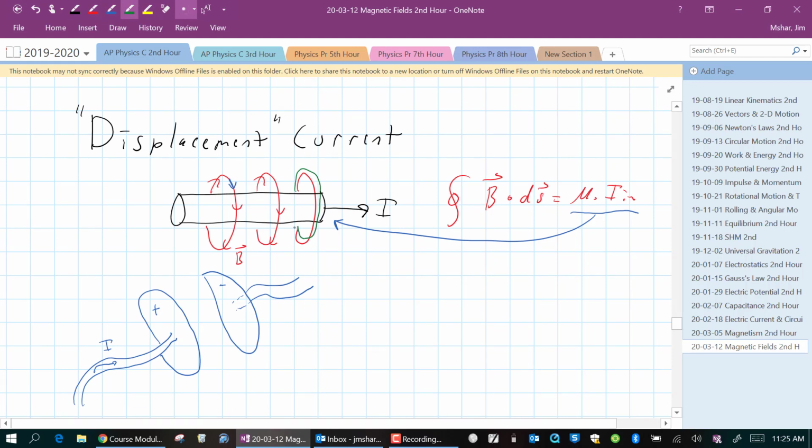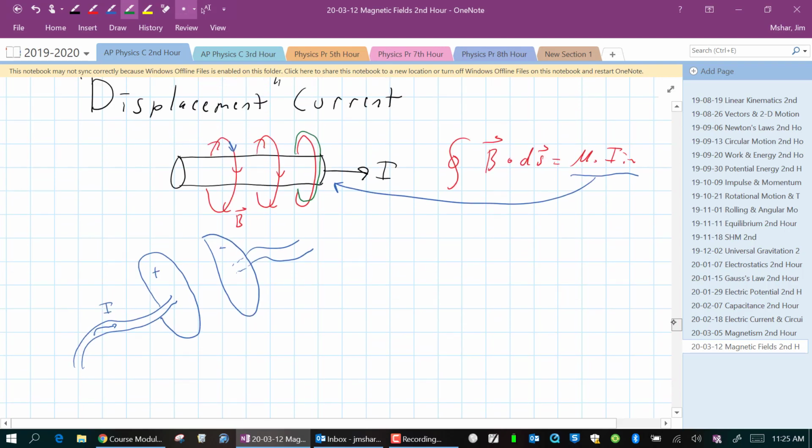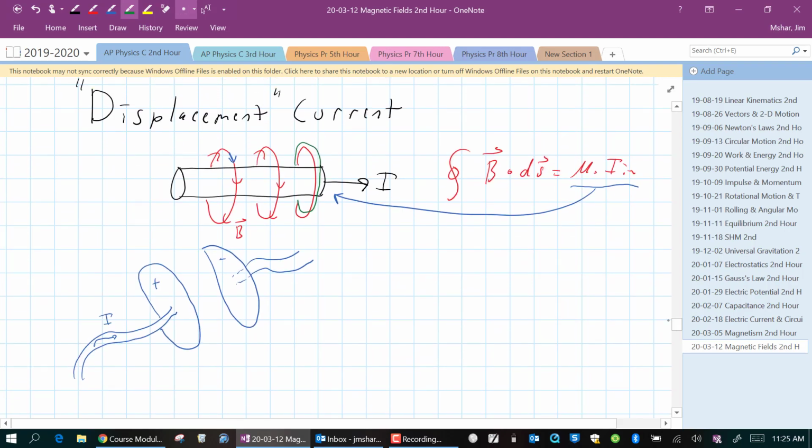So in the case of the wire up there, all the current goes through that area, and so your I in would just be I. Now, by definition, it's the current poking through any area you want that's bounded by this path. Most of us think of the area of the circle, and the rim of the circle is our path, the path that we're going to integrate for B dot ds.